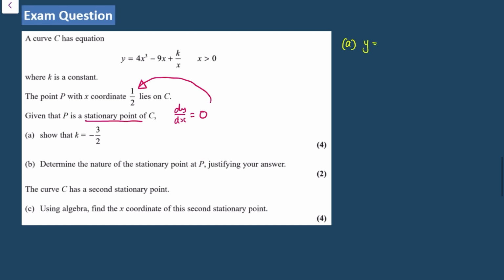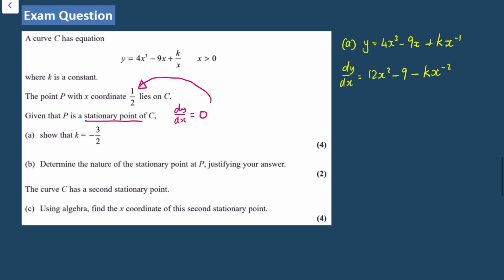I've got y equals 4x cubed minus 9x plus kx to the minus 1. I first need to rewrite this before I differentiate. Okay, dy by dx, that is 12x squared minus 9 minus kx to the minus 2.